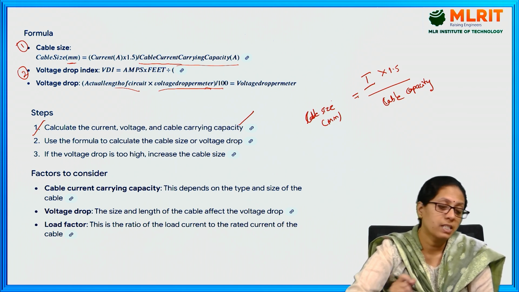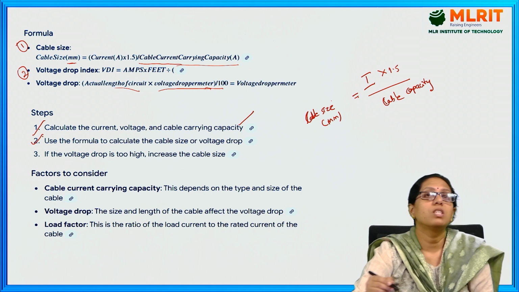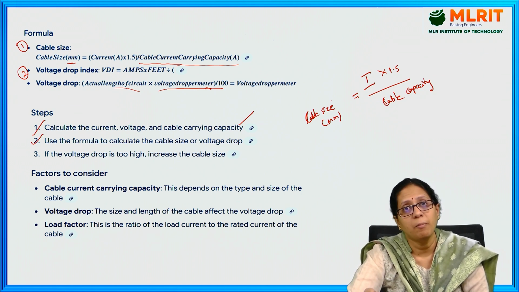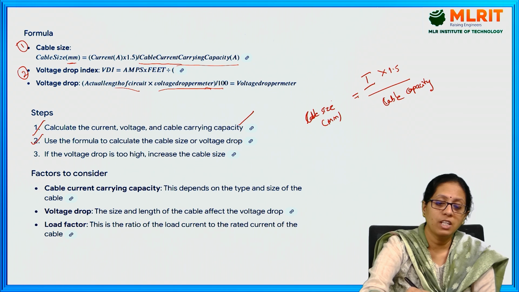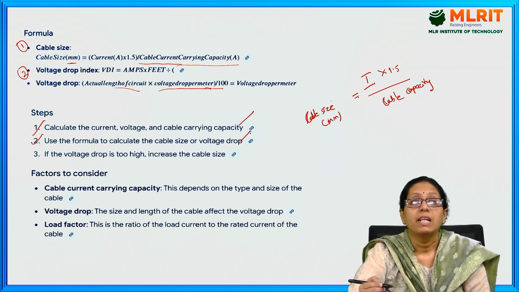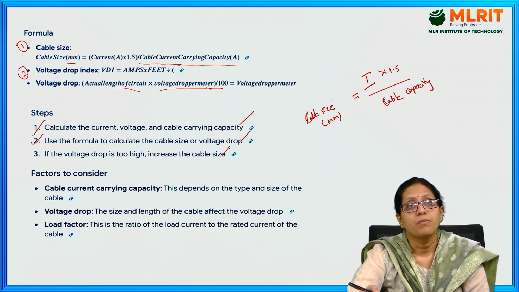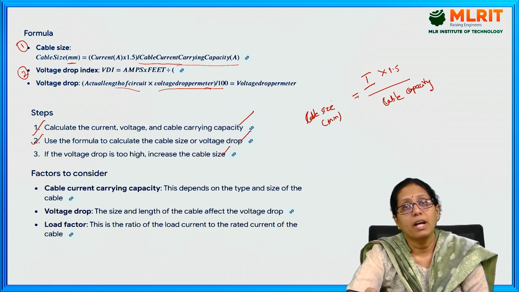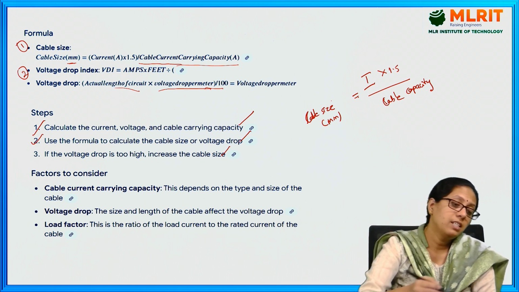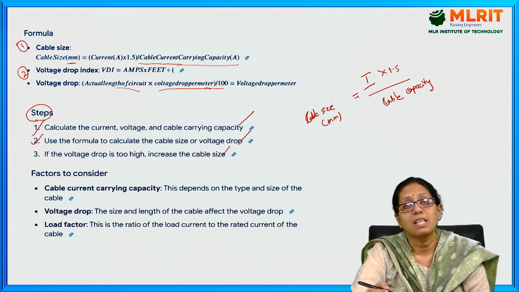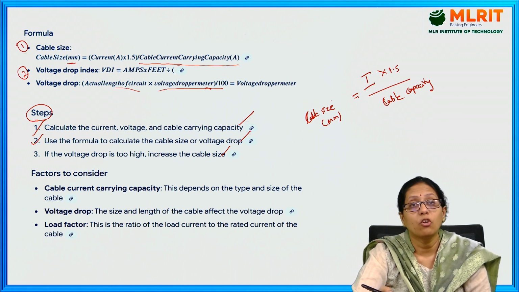The second step is to use the formula to calculate the cable size in mm or the voltage drop. The third one is, if the voltage drop is too high, increase the cable size. These are the different steps for deciding the size, the diameter, of a cable.